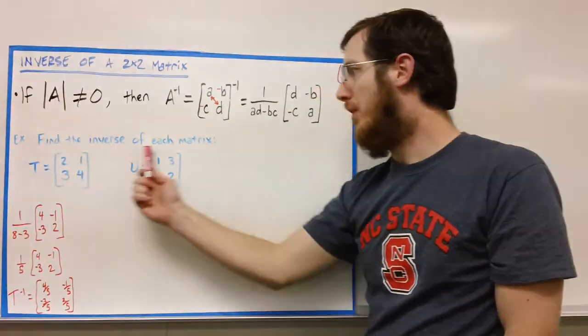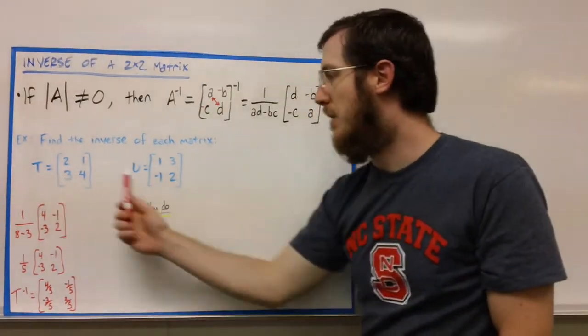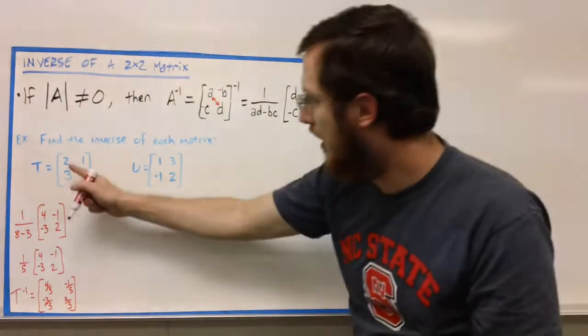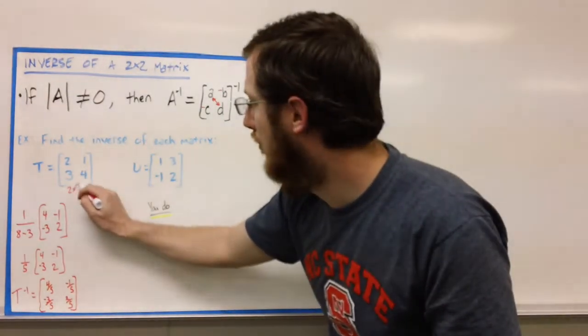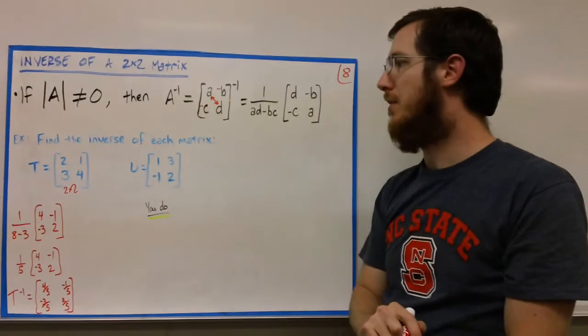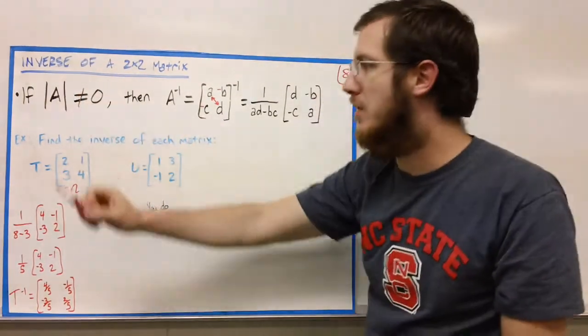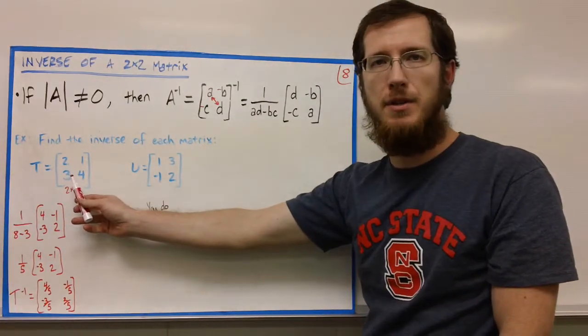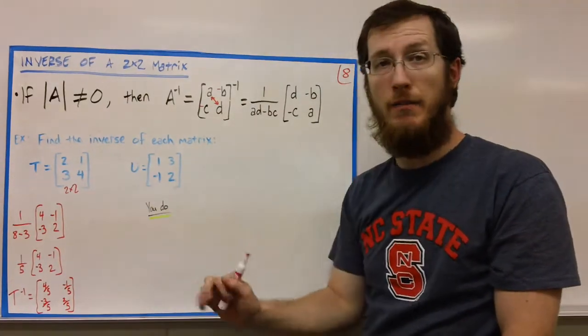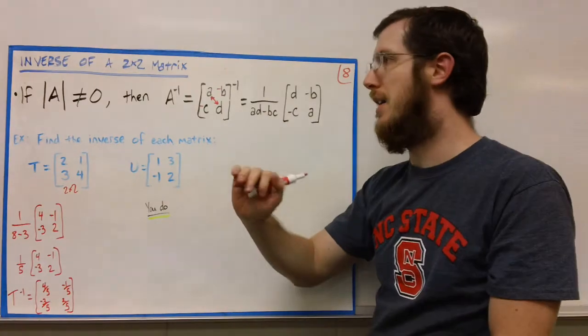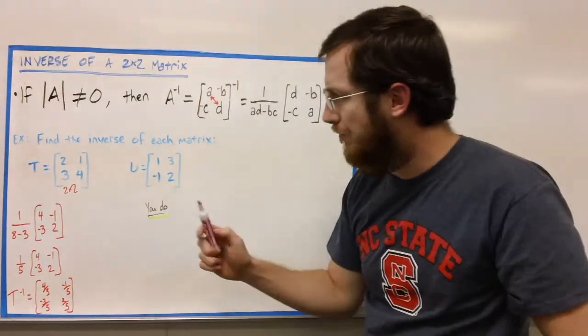So, example. Last one. Find the inverse of each matrix. We've got a T matrix and a U matrix. Okay, T is a 2 by 2. It's a square matrix. If we were to find the determinant, 2 times 4 is 8, minus 1 times 3, 8 minus 3 is 5. So it's a non-singular matrix.